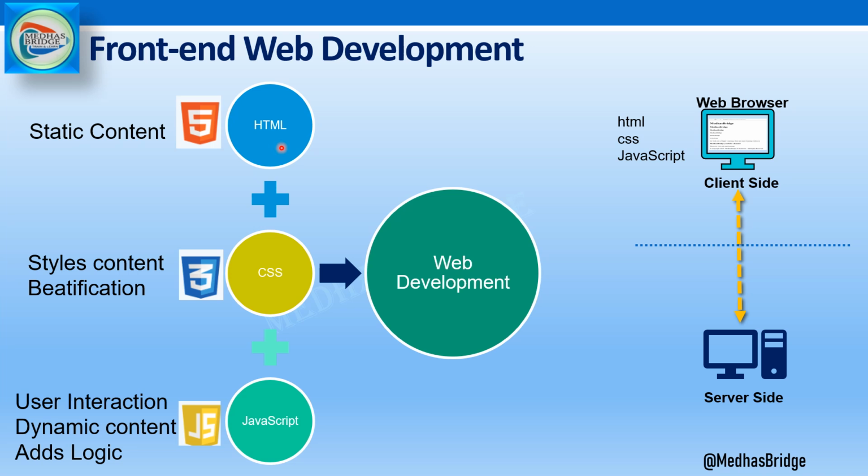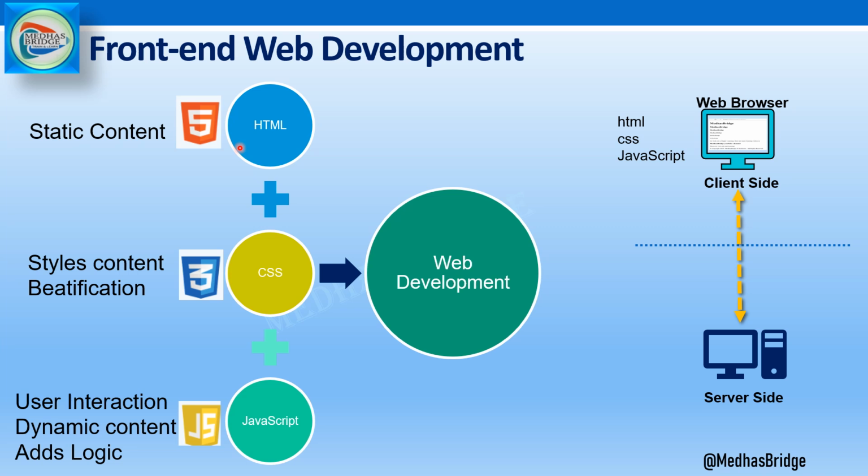Adding styles to the content displayed on the web page is what we need CSS for. Cascading Style Sheets 3 is what we use along with HTML5, to style the content, like a beautification of whatever HTML you are displaying on the web page.